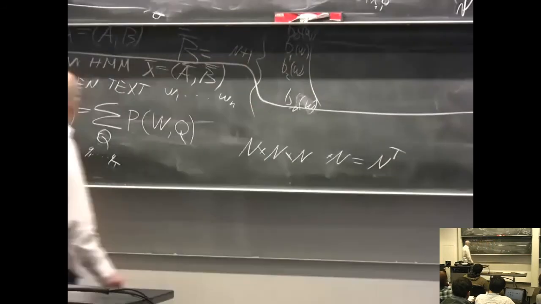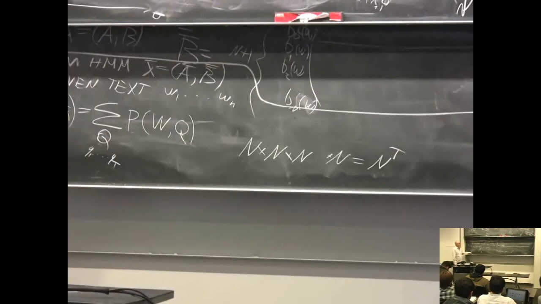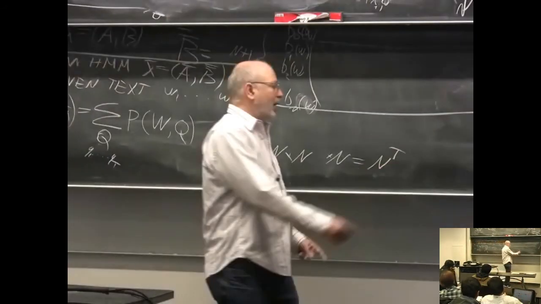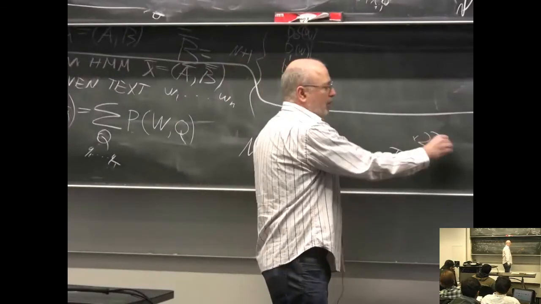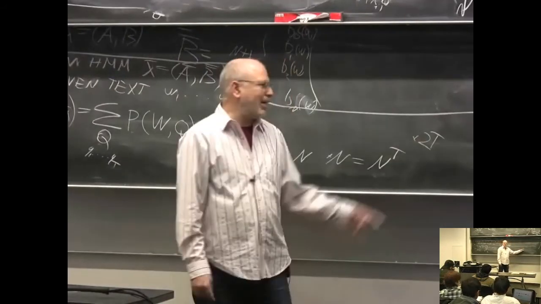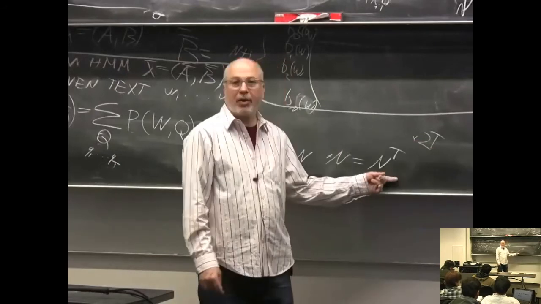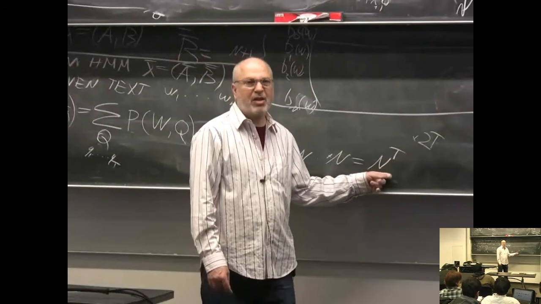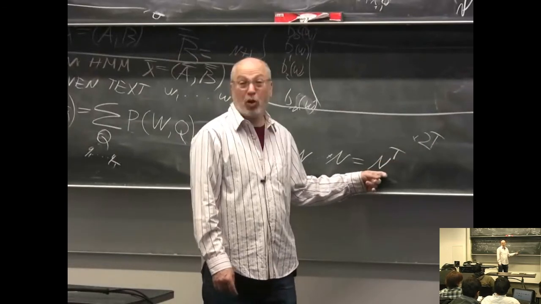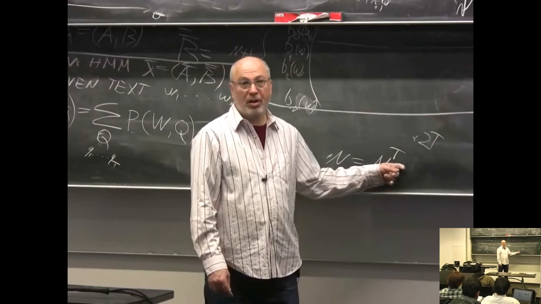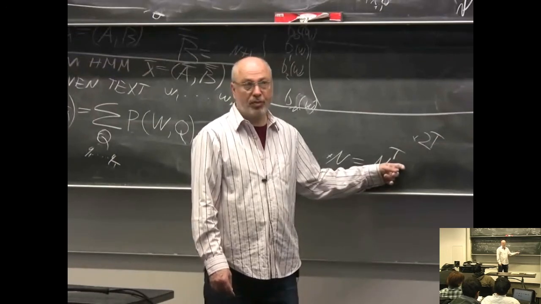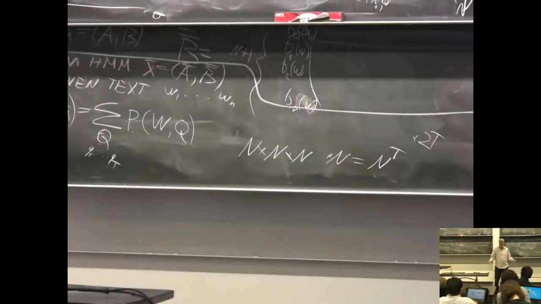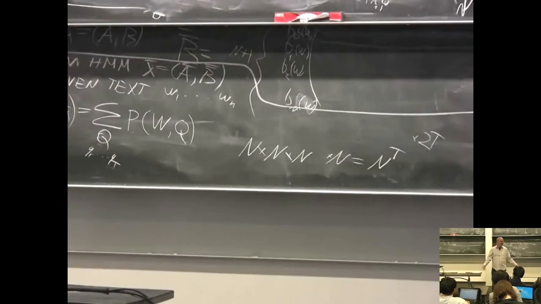So to calculate this, I need N to the power of T steps, and in each step I have to multiply it by 2T. But that's small change. This is the killer. T can be very large. So even if N is 3, even if N is 2, this is still exponential. So I have a problem to calculate the likelihood of any observed sequence based on an HMM, even a simple first order HMM.